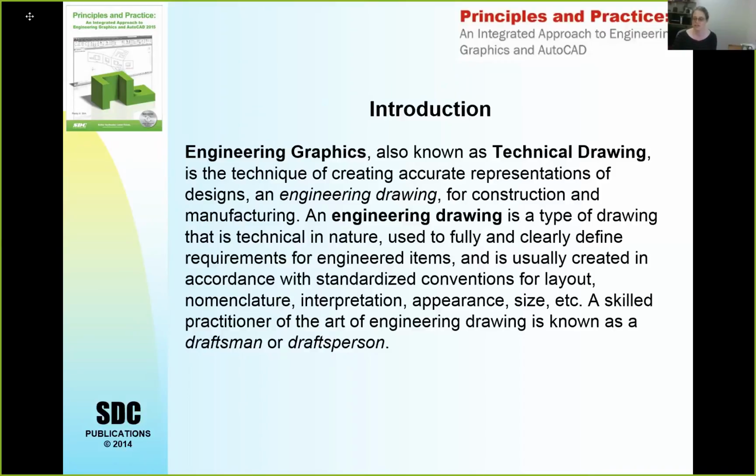In other words, an engineering drawing or a technical drawing is designed to give information about an engineered object or a building that we're going to draw, or something that has got to be built to certain specifications. So these drawings are used to fully and clearly define the requirements for engineered items.